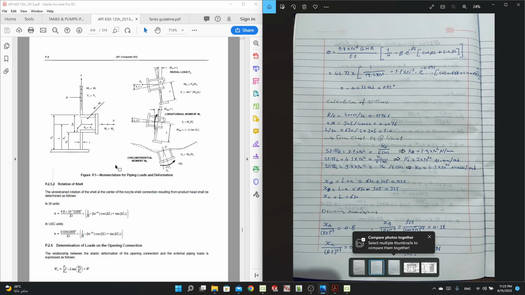So now we need to calculate it. We will always calculate the radial force, which in the tank here is the radial, but usually it would be the axial of the nozzle, and the longitudinal and the circumferential.